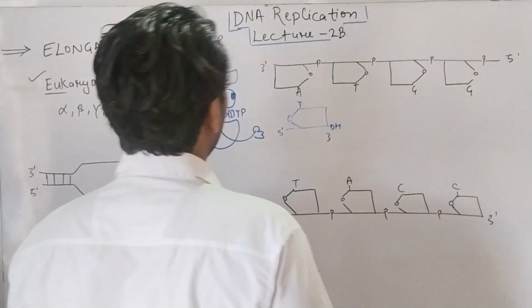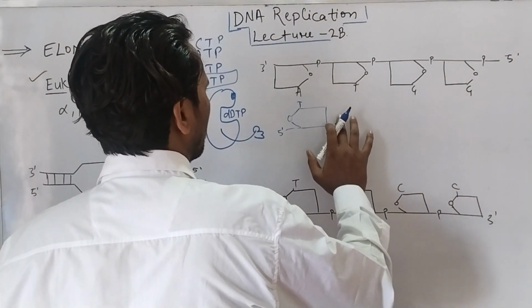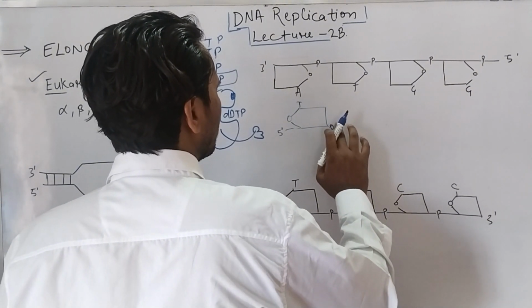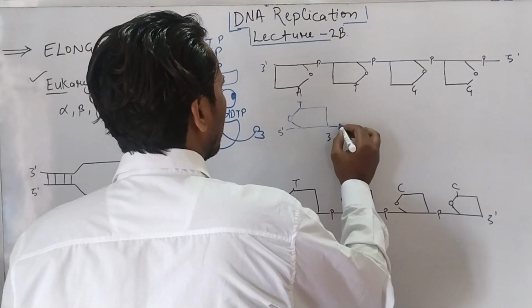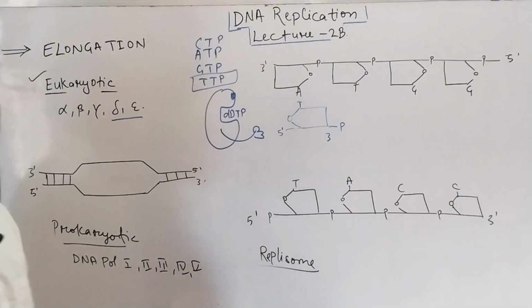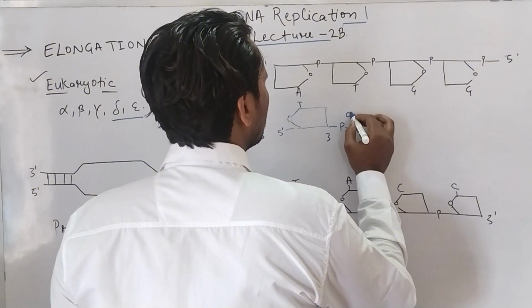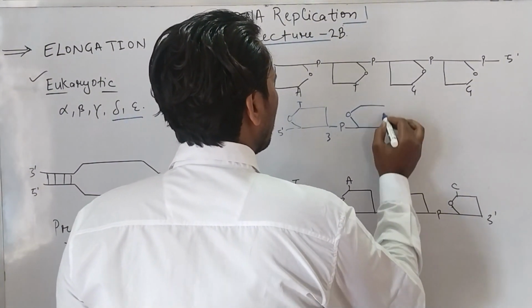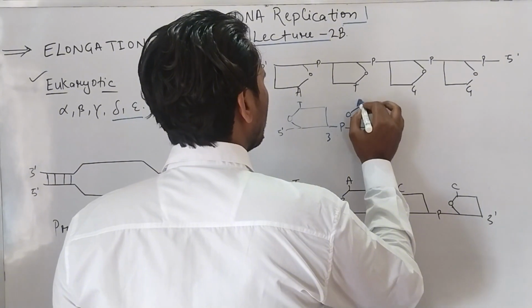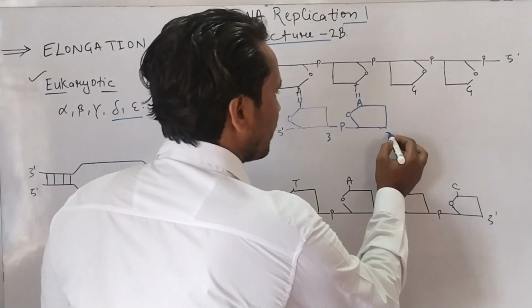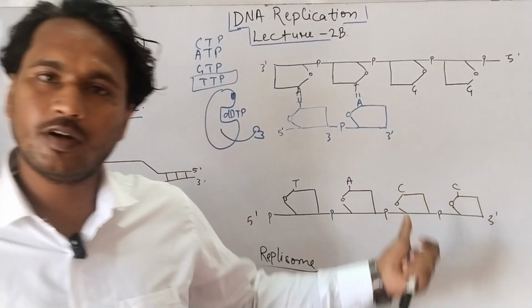one water molecule will be removed, and because of this free OH group, it will be easy to form a new phosphodiester bond. Now you can see a new nucleotide has come with the A. Now this 3' will again be free, again having an OH group.